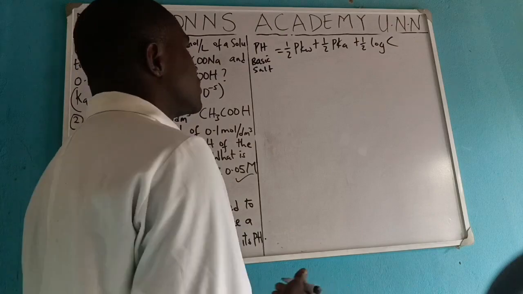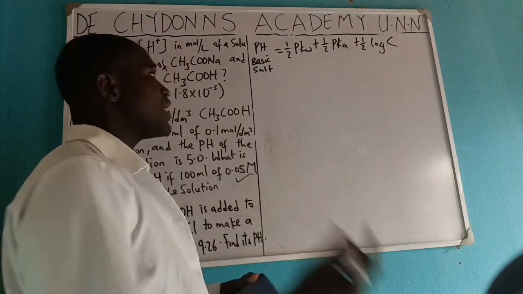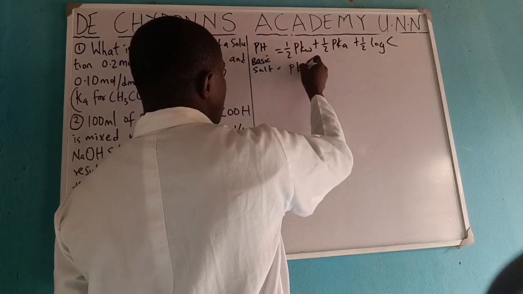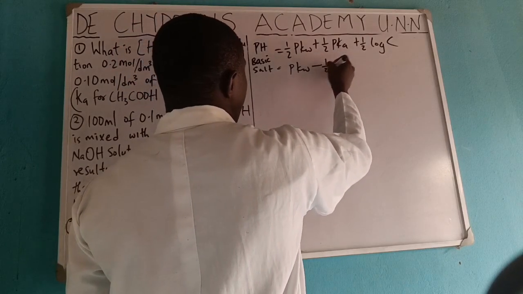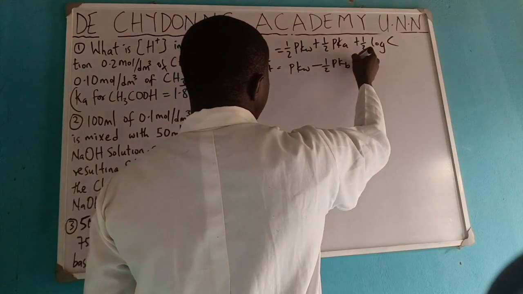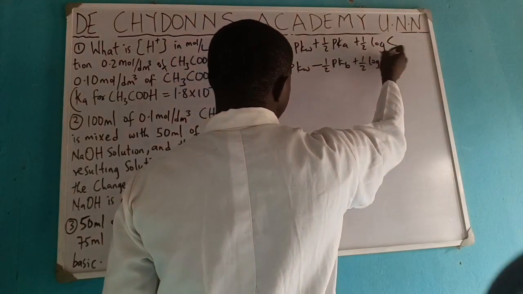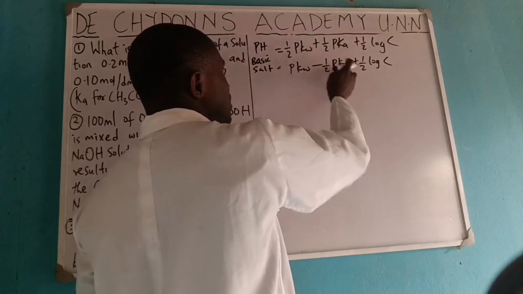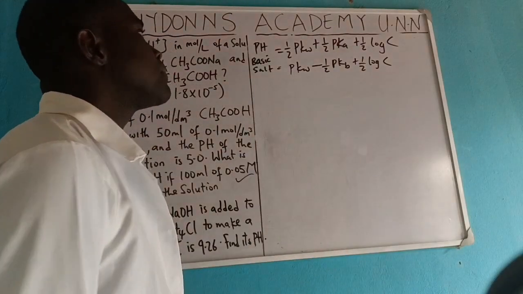Yes, because we had two formulas there: pKw minus half pKb plus half log C is with respect to when pKb is given, and this one is with respect to when pKa is given.